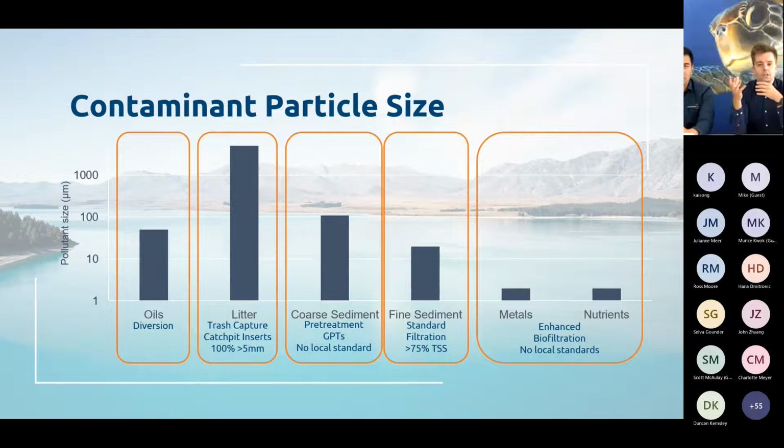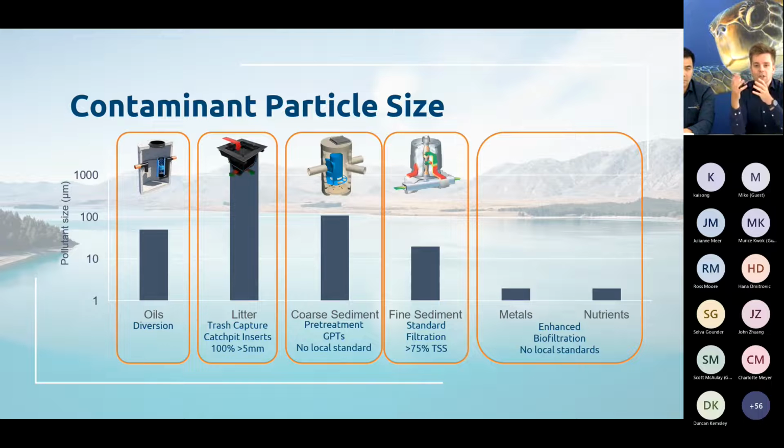Fine sediment requires a filtration device, whether that's media or membrane filtration. And then metals and nutrients typically require an enhanced level of treatment, especially if you have dissolved metals or dissolved nutrients. So for each treatment outcome, there are a range of ways to address those contaminants and a range of different treatment devices.